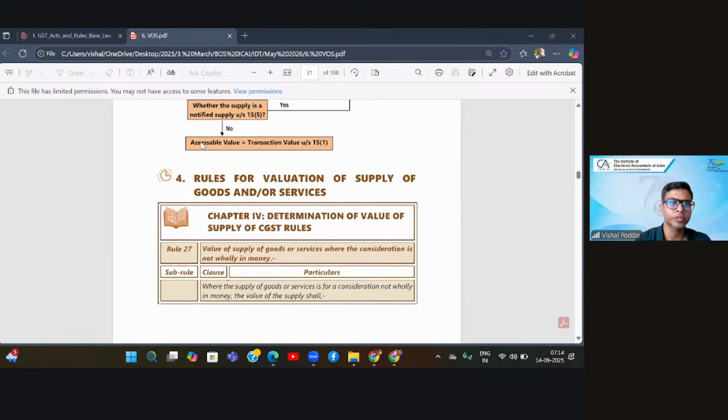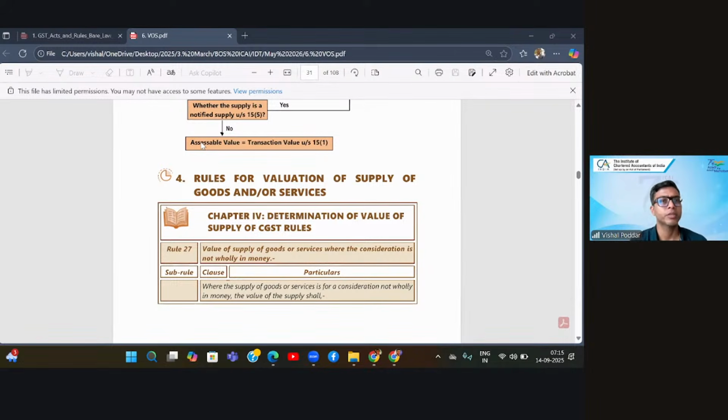Again, if there is no reduction in value, none of these additions apply. So again, I start with the first point that all these additions are subject to the condition that the value charged by the supplier excludes this. It is lower and it does not include these amounts. So if a particular expense, which was originally the obligation of the supplier, is met by the recipient, that should be added. That is what clause B says.